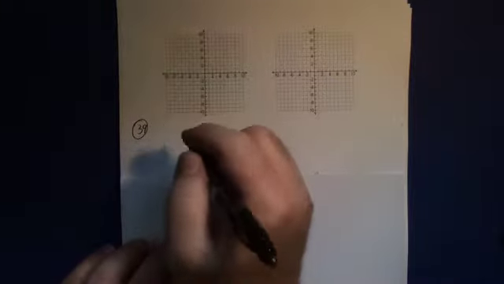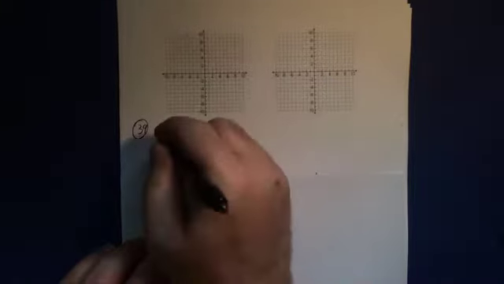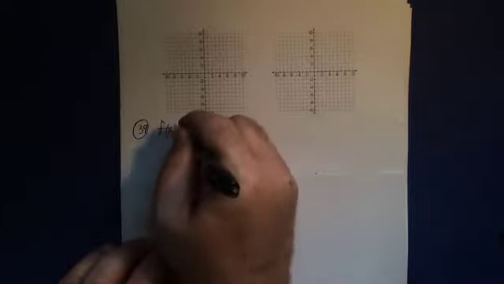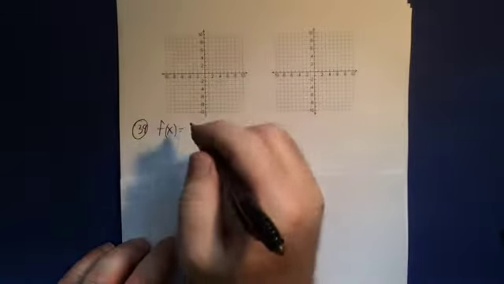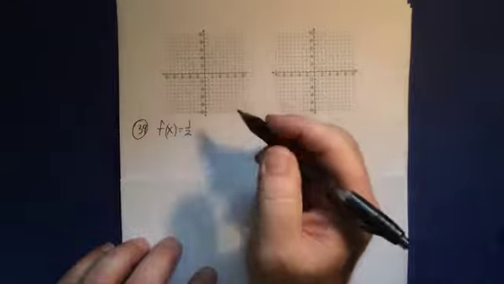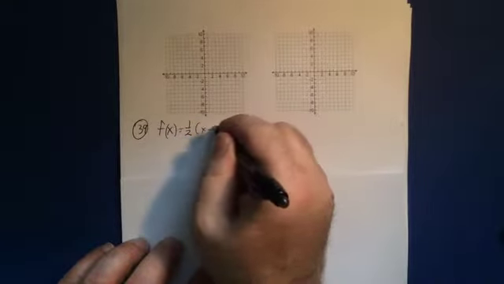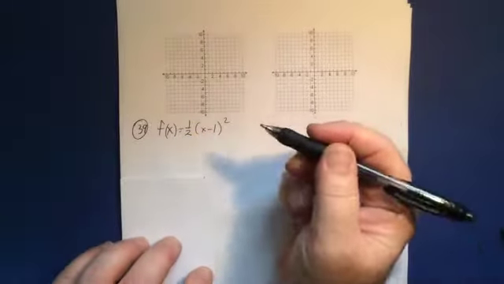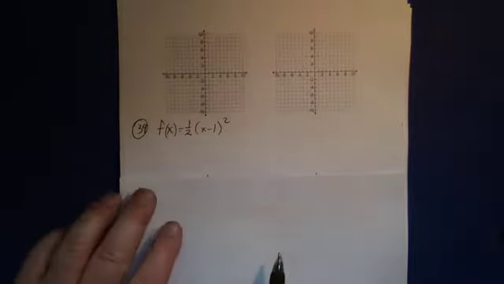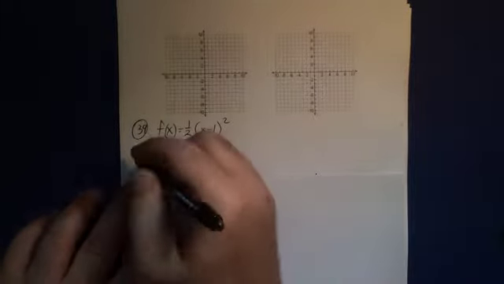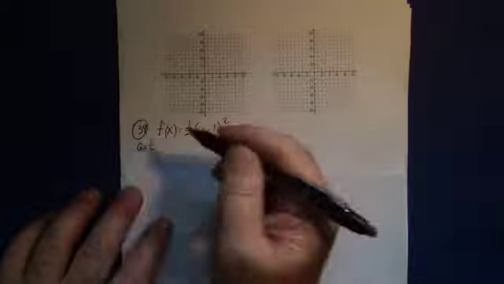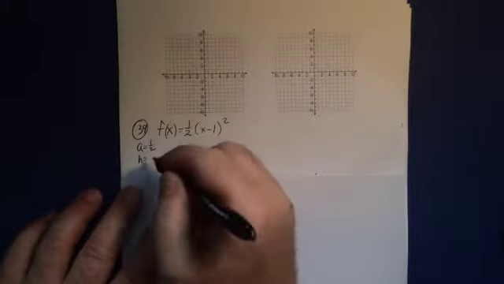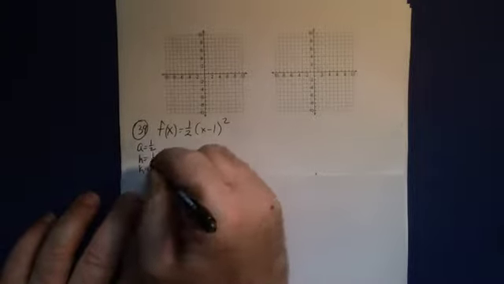So 39: f of x is equal to 1/2 (x minus 1) squared. Let's establish the values of a, h, and k. a is equal to 1/2, h is equal to 1, and k is equal to 0.